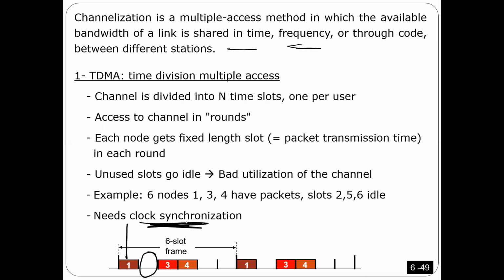You get what I'm saying? So if I don't have data, I'm gonna pass the token right away. So that is the big difference. Here you divide the time into time slots, and you give a time slot to each computer. This is yours. If you want to use it or don't use it, it's up to you. This is you. No one else will use it.